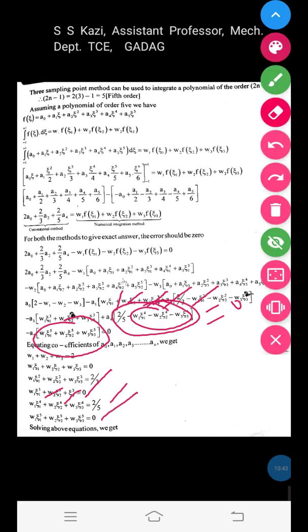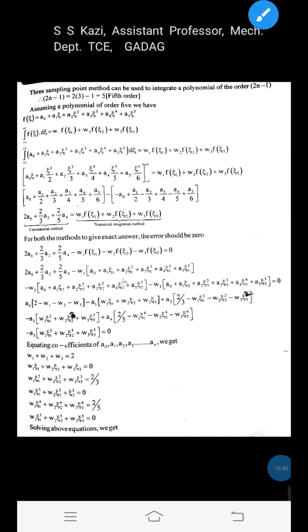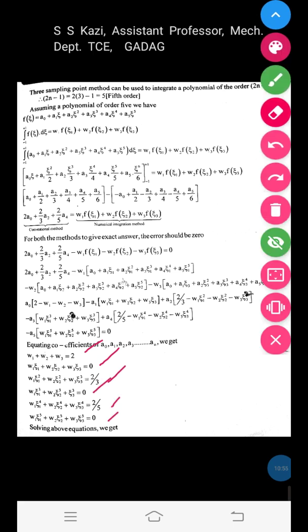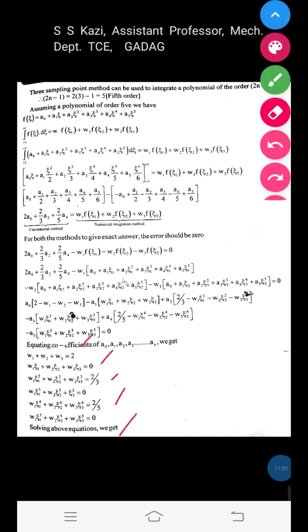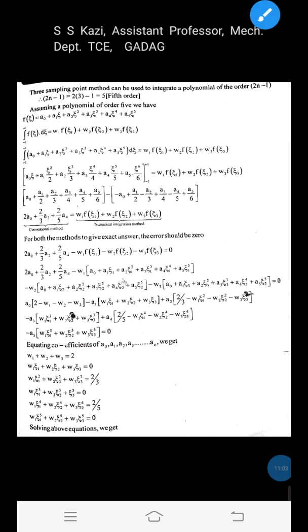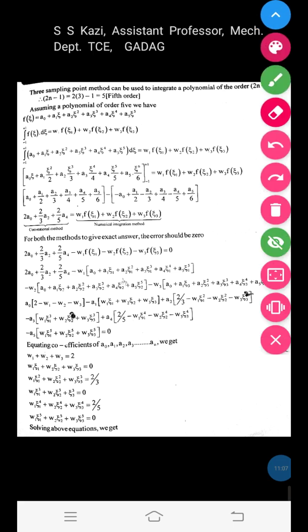Now, by equating the coefficients of A0, A1, A2, A3, A4, A5 equal to 0, we got a total of 6 equations. Solving these equations, we will get W1, W2, W3, zeta 1, zeta 2, zeta 3, so that error should be equal to 0.